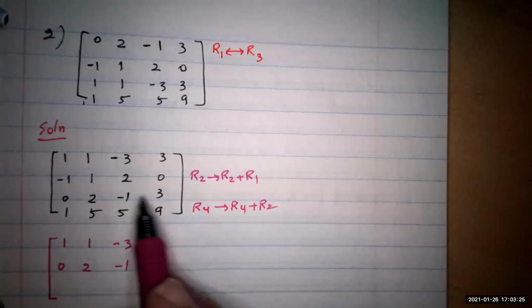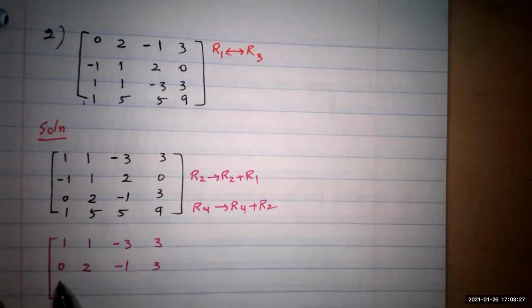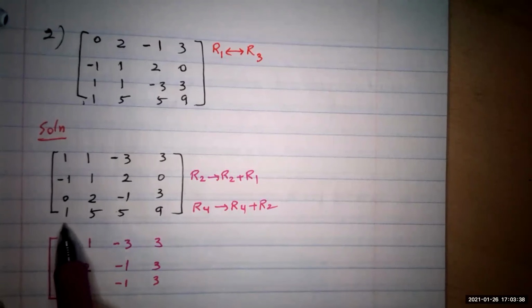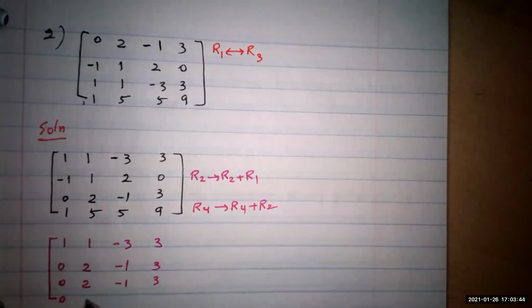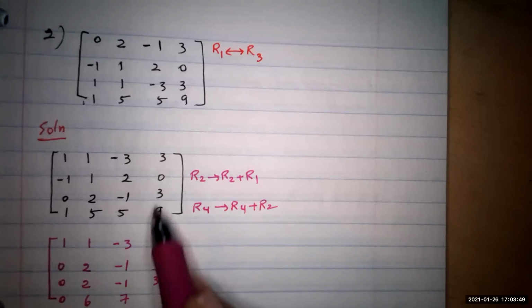Okay, so we keep the third one as is, 0, 2, -1, and 3. So this is going to be the case. And the R4 and the R2, so that gives us a 0, 6, 7, 7, and 9.